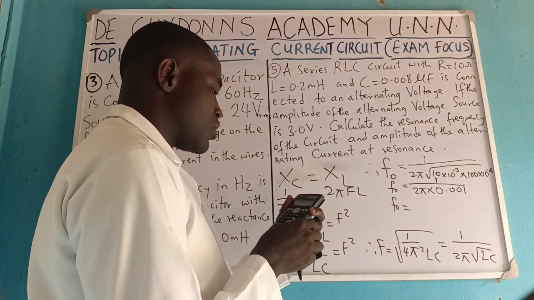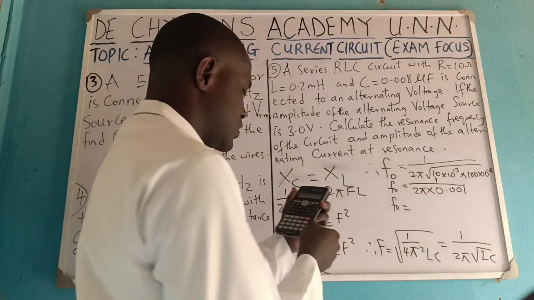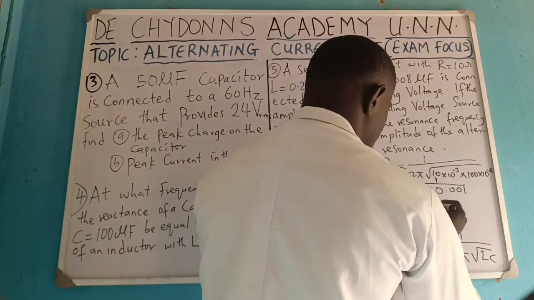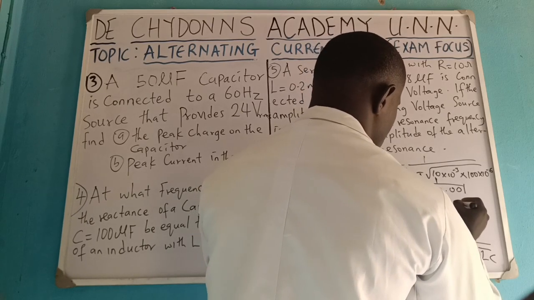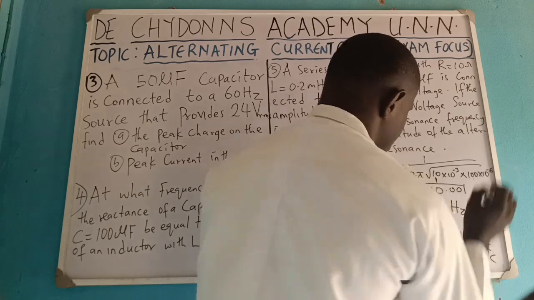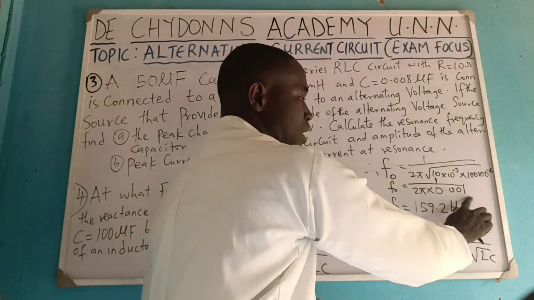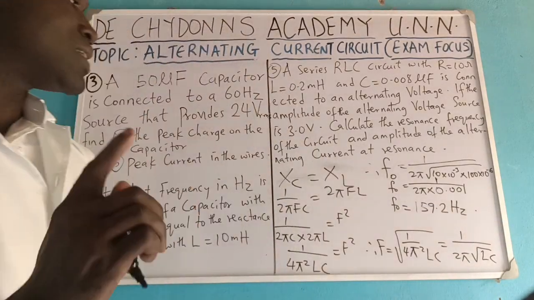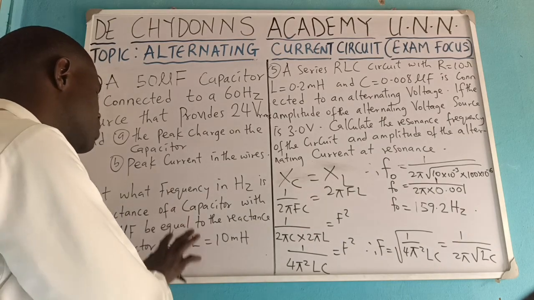That will be giving you an answer. Then get the inverse of it. That will be giving you 159.2 hertz. So once you multiply the denominator and get the inverse of it, it gives you this. That is how to get the resonance frequency.